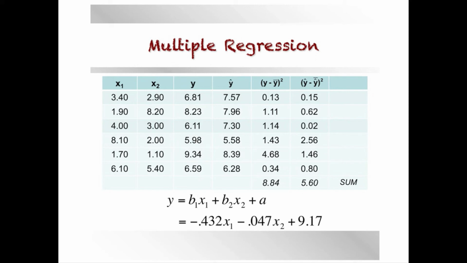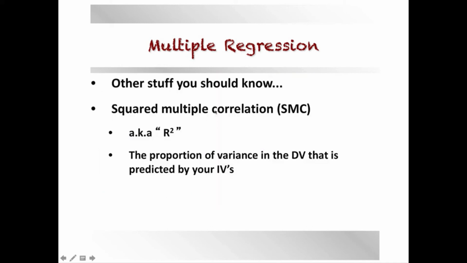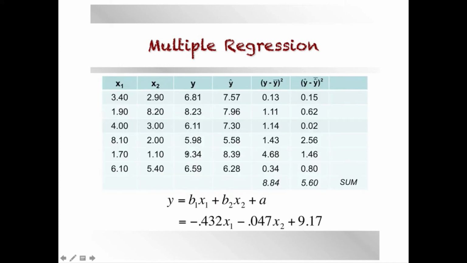Then in order to get the R-squared, you need to grab the mean for the y values and then the mean for the predicted y values. And so that's what that bar means there, a y bar in the second column from the right here with the values in it. The y bar there is the mean of the y values, which is the actual y values here. And then we have the y hat bar.